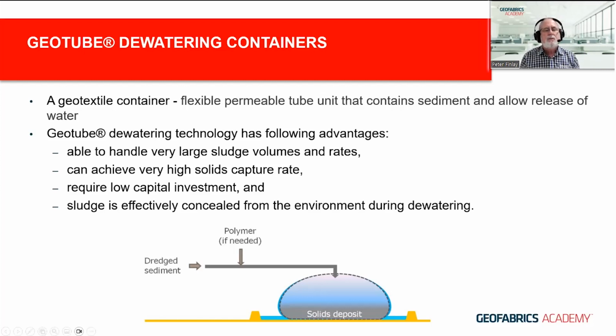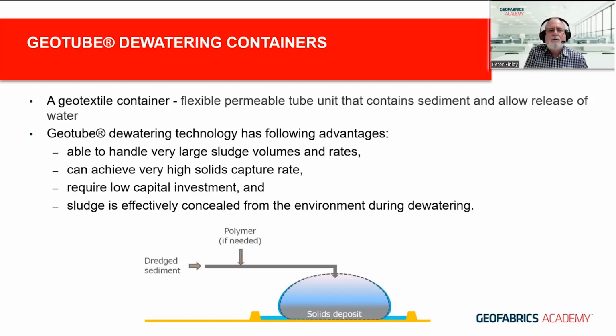So why do we see these products as having good application here? Firstly, they're able to handle very large volumes of sludges. They're able to pump a large volume, and often at quite a high rate, into the geotube. You can then achieve very good solids capture.